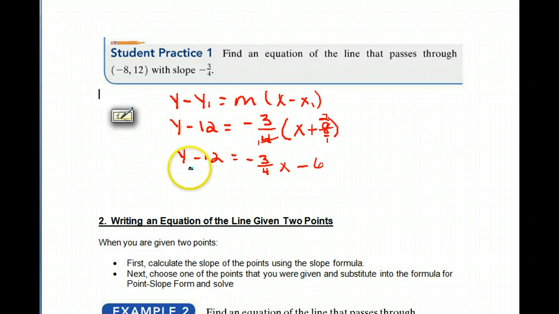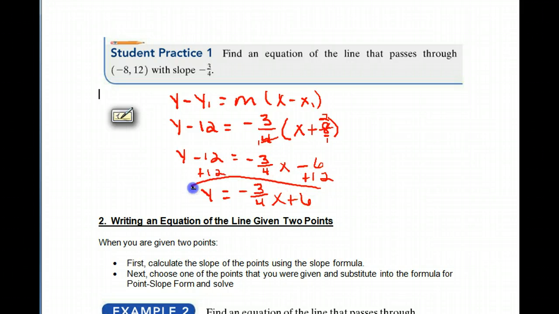The last step here is to solve for y, so we will add 12 to both sides, and we have y equals negative 3/4 x plus 6. And that is the slope-intercept form equation of the line that passes through the point with that slope, I should say.